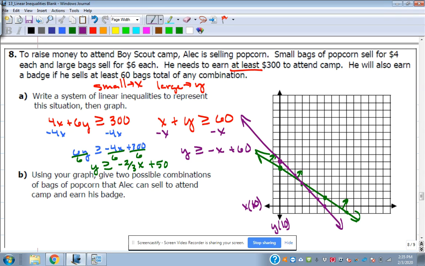And then shading is 0 greater than 60? No, so I'm going to shade above that. So the answers are in this region.